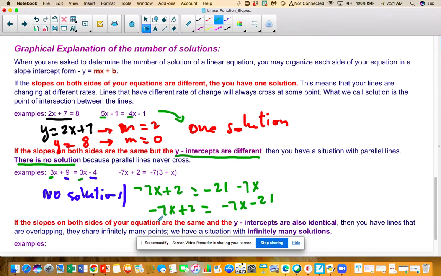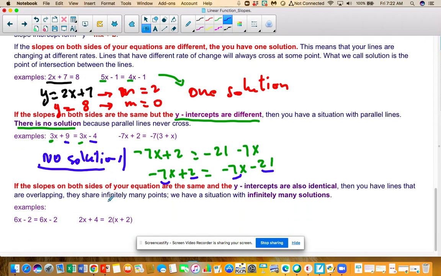Okay, so you can see again, we have the same slope, which is -7, and different y-intercepts, 2 right here and -21 right here. Therefore, we can conclude that these are parallel lines, and parallel lines never intersect. Therefore, there is no solution, right? This is a situation with no solution again.